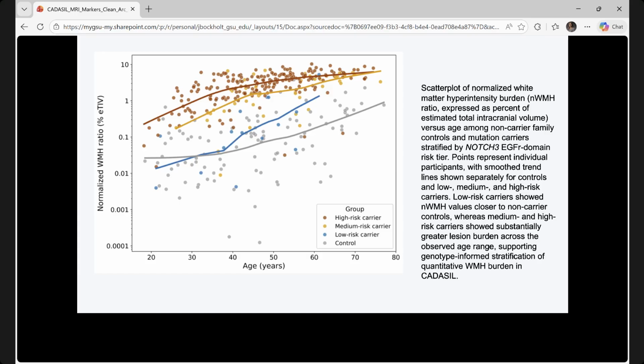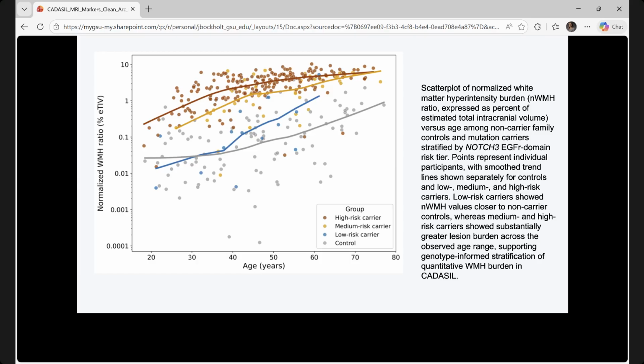What I did differently here is I've divided this into several curves: one curve for our gene negative family controls, and then 3 curves for Notch3 mutation carriers. We absolutely see a different pattern over time depending on where your mutation is.